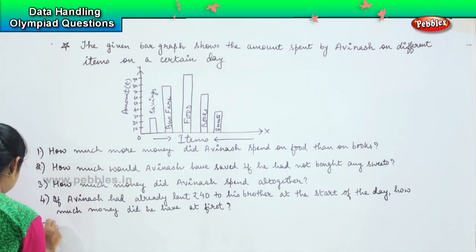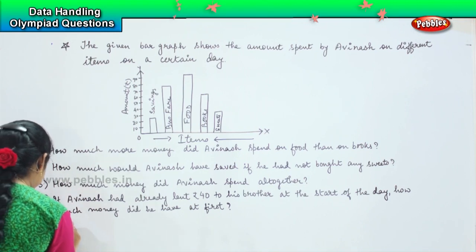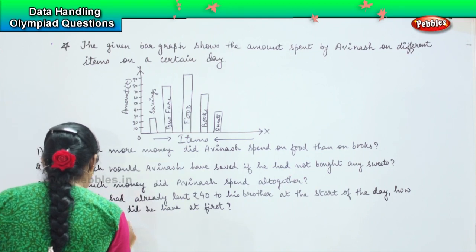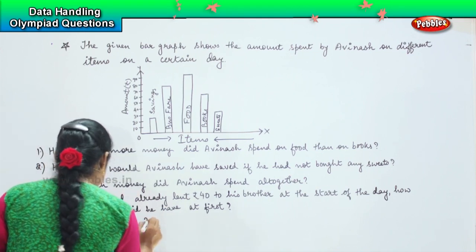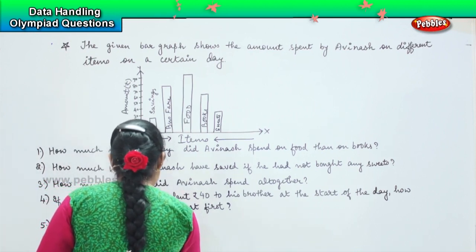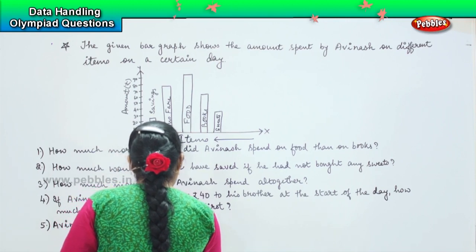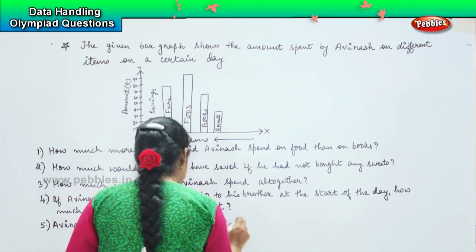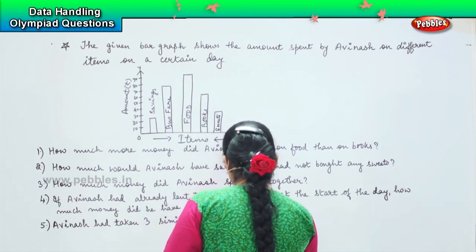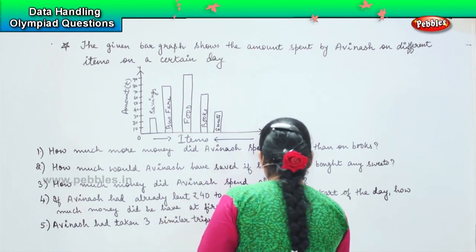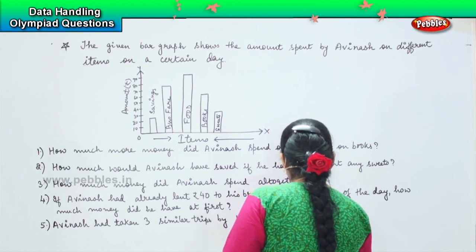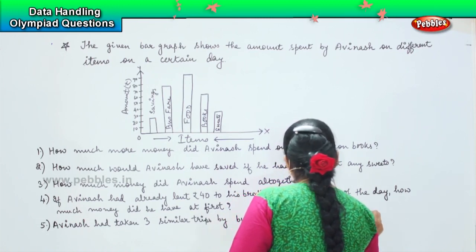And the last question, Avinash had taken 3 similar trips by bus that day. What was his bus fare for each trip?